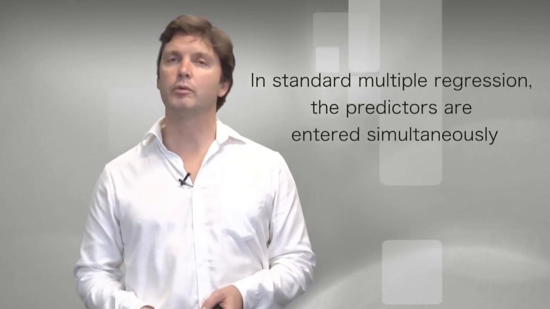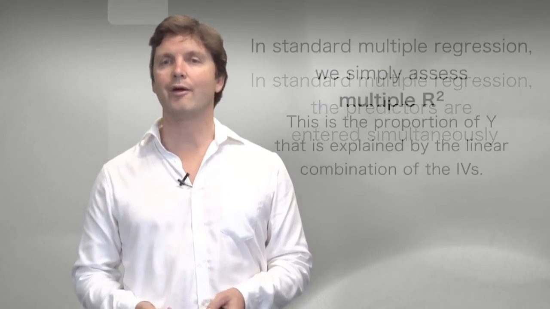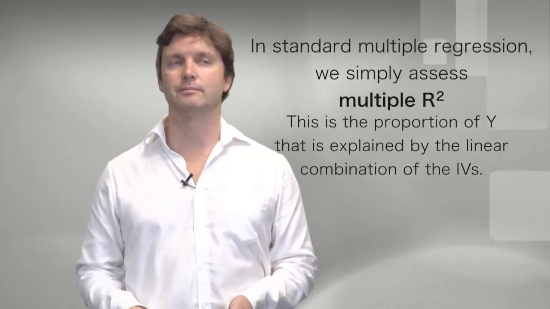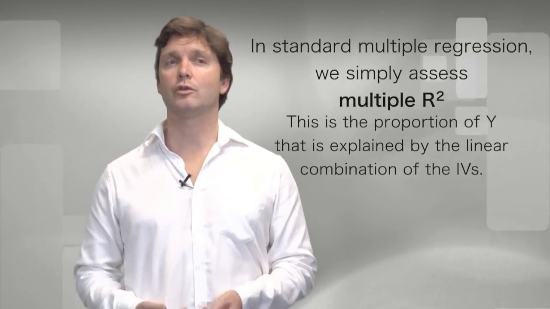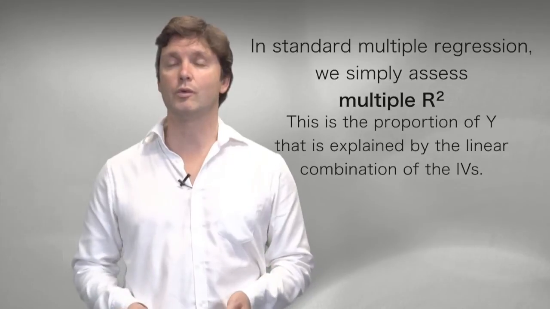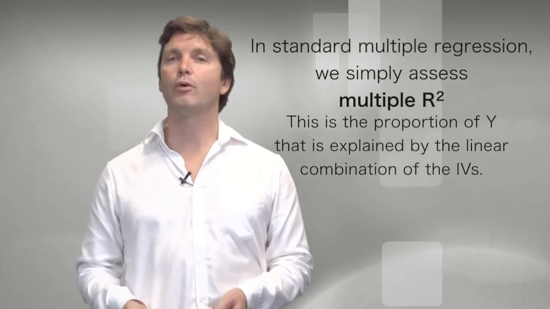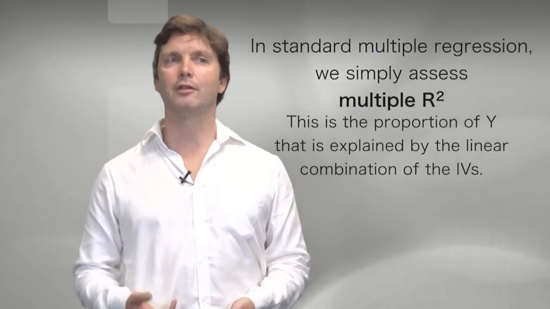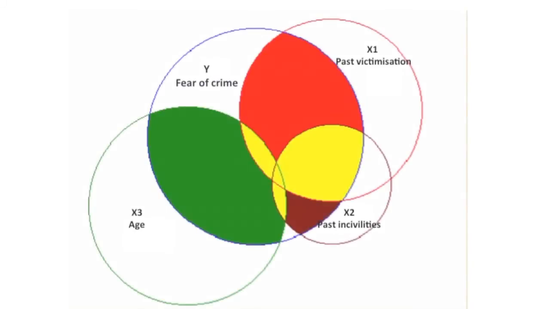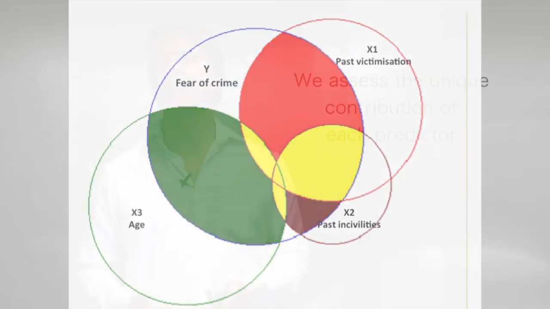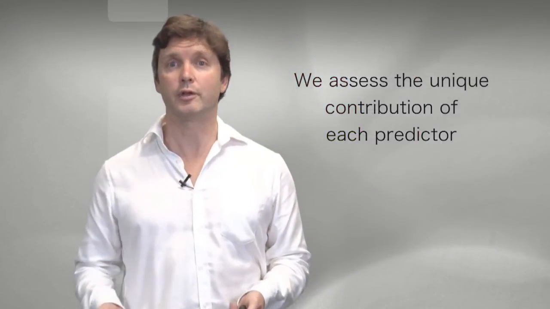In standard multiple regression, all the predictors are entered simultaneously. We simply assess the multiple R squared. This is a proportion of y that's explained by the linear combination of the independent variables. This is all the coloured bits, red, brown, green and yellow. Then we assess the unique contribution of each predictor. This is the red, brown and green proportions in this Venn diagram.